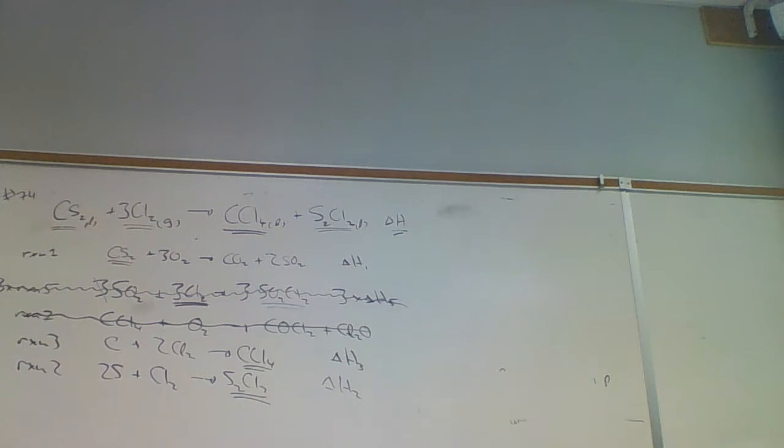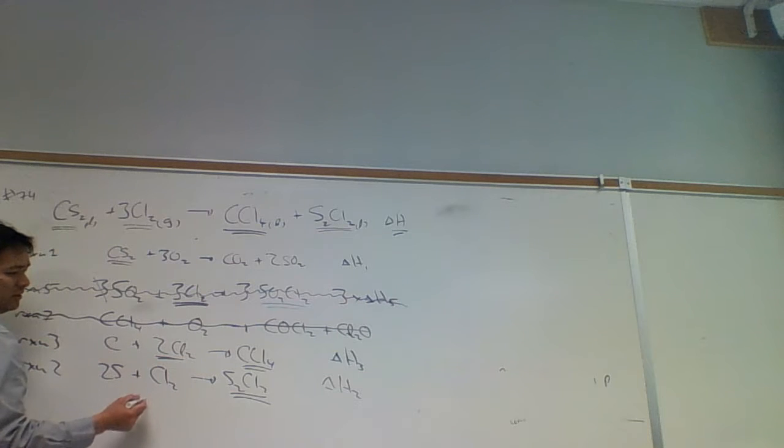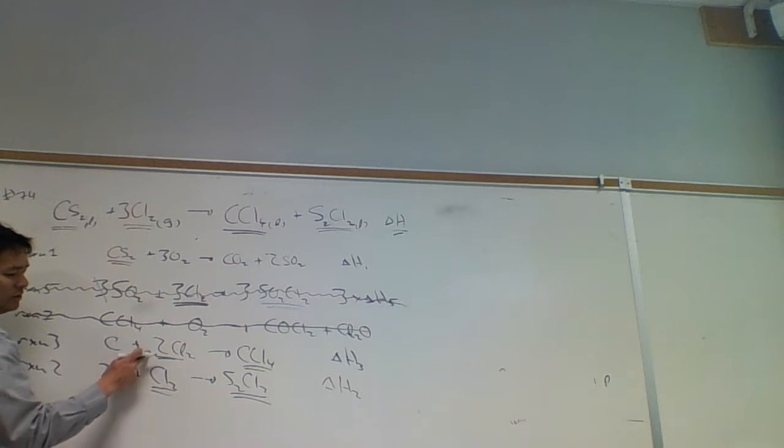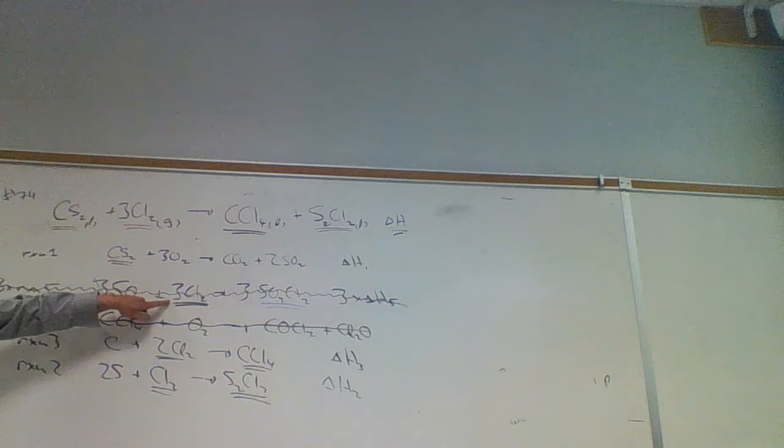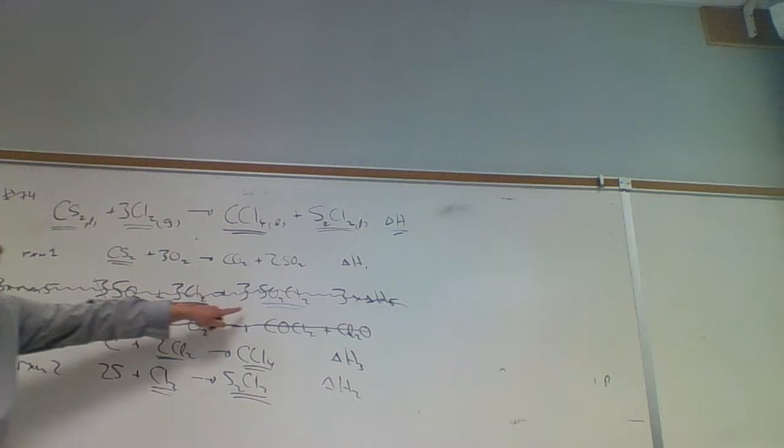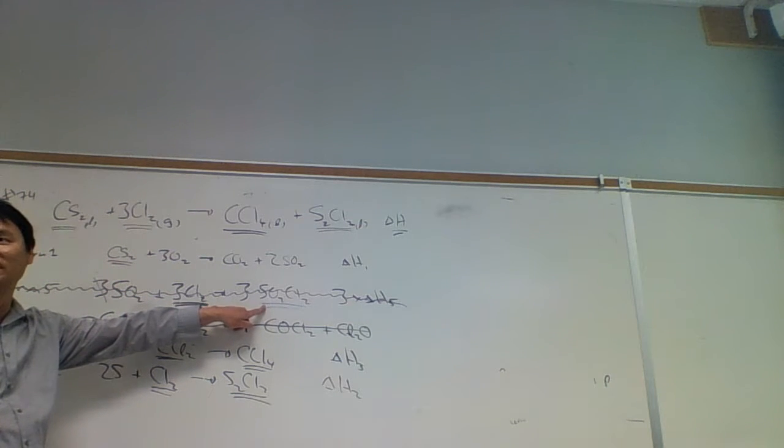And so basically we end up with 2 Cl2s plus 1 Cl2 gives us 3 Cl2s, which compensates for that, and we don't have this SO2Cl2 that we have to deal with.